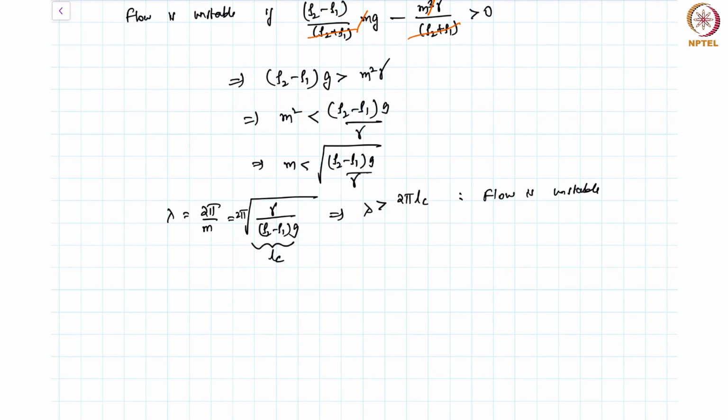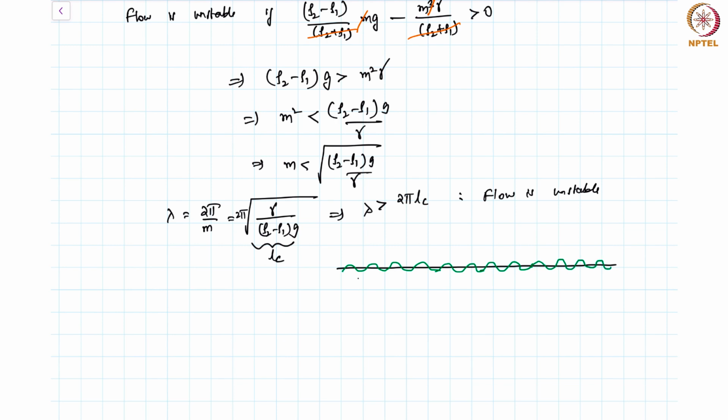So the idea is the following. Let's say we have a flat interface. You can incorporate all kinds of perturbations on it. So let's say we create tiny perturbations on it. When you create a tiny perturbation, you are paying a very heavy price in terms of the surface area.